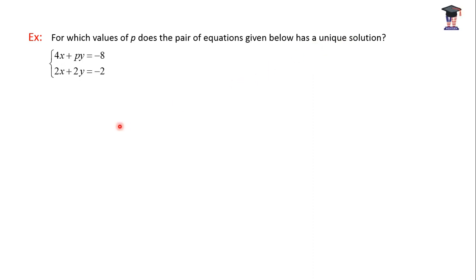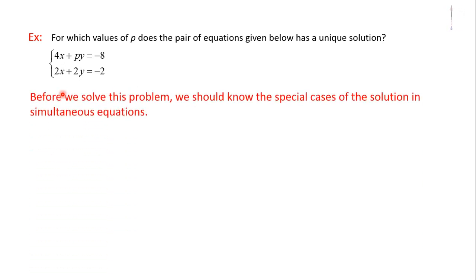Depending on what we have learned in grade 8, you should remember about the graphing method in solving simultaneous equations. There are 3 main possible cases. Before we start solving this problem, we should revise the special cases of the solution in simultaneous equations.